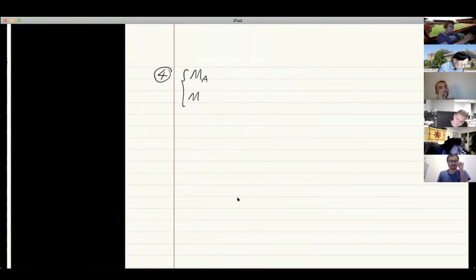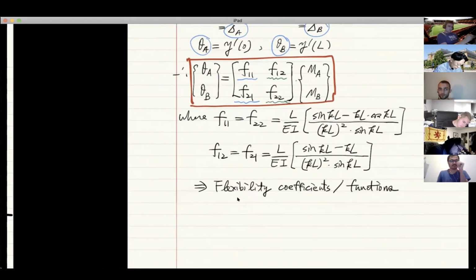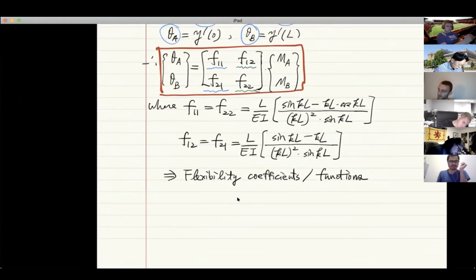Suppose I want to find out MA and MB. The way we're going to do it is to calculate the inverse. So all you need to do is find the inverse of this flexibility, and you actually can call the whole thing the flexibility matrix. So we should come back and properly define this.